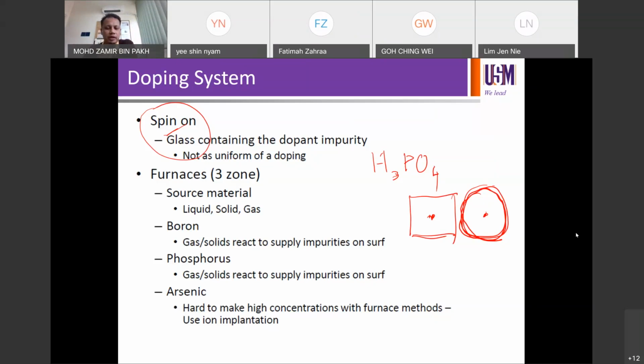Right, and the rest of the items on this page, the 3-zone furnace and everything, is standard, as we discussed before. Yes, it's not going to be uniform. Yes, it's due to the force. So when you spin, where does the force go? How does it distribute the liquid on the surface?